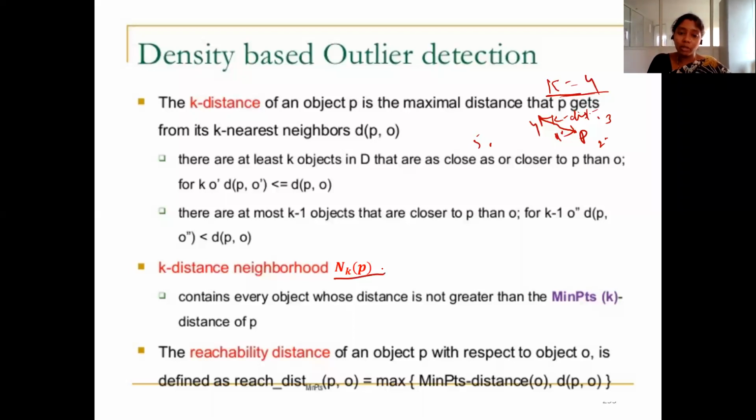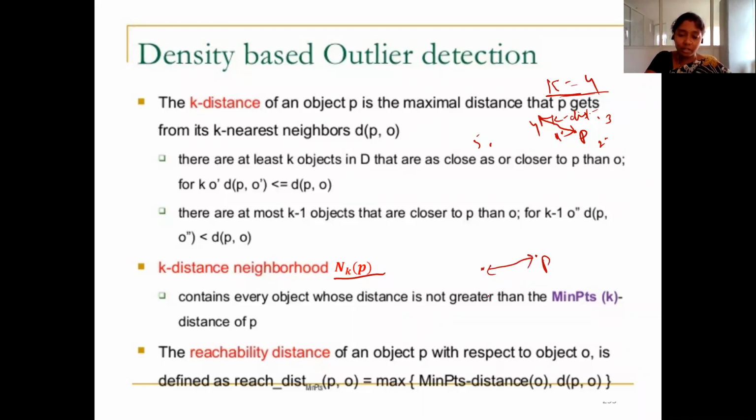Coming to the k nearest neighborhood, it contains every object whose distance is not greater than the k distance of P. Suppose you have the object P here, and this is the k distance.